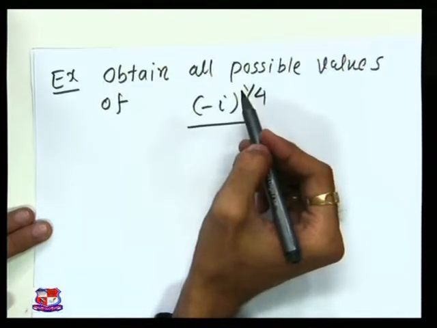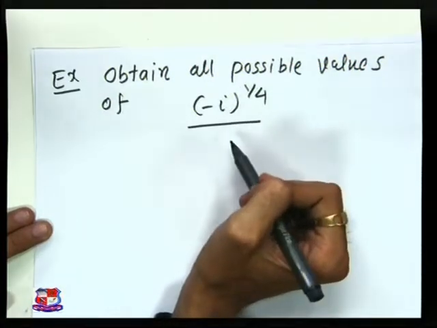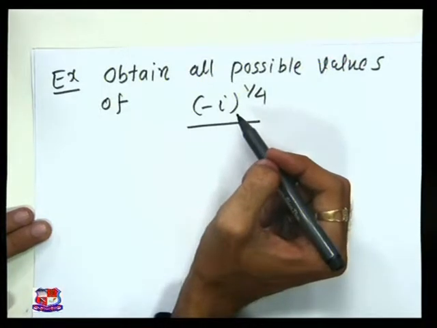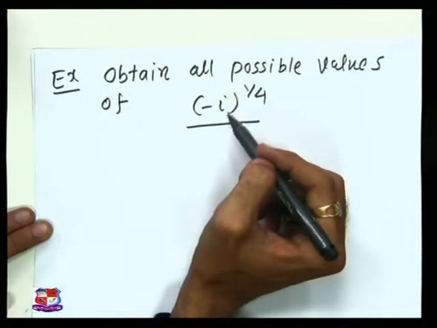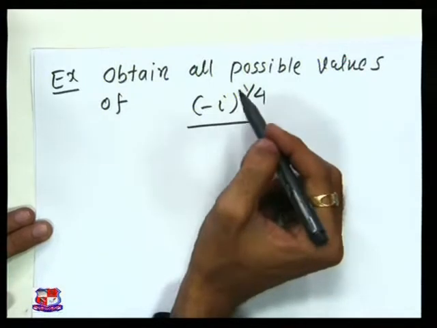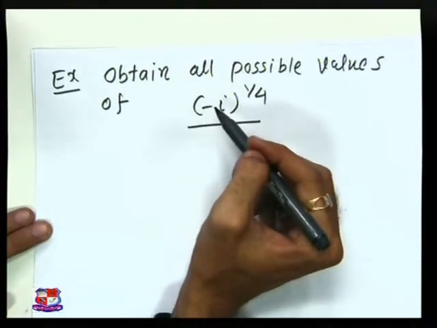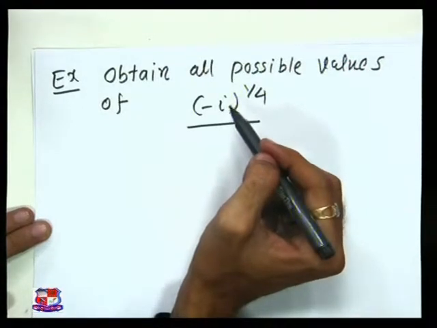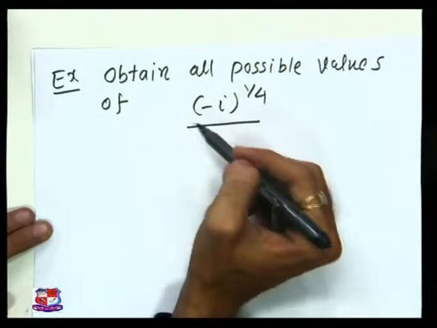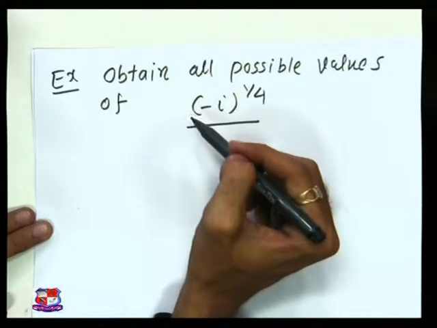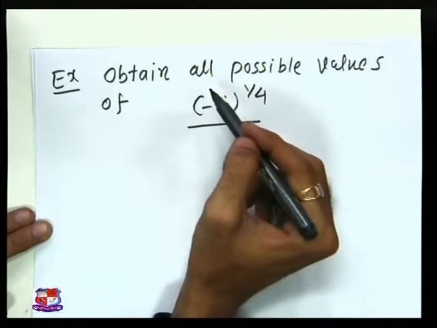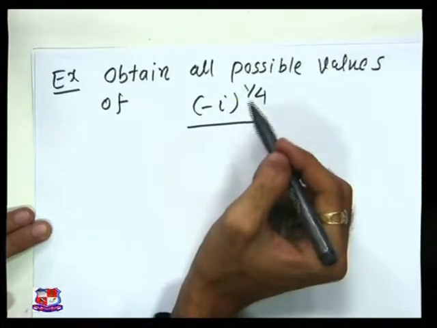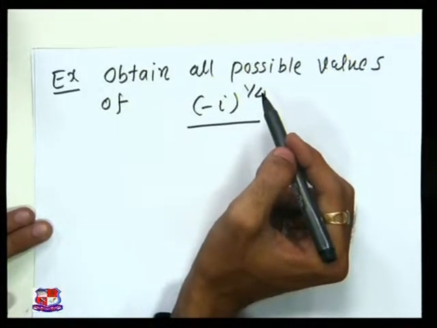So I want to find the fourth root of minus I. First, what is the idea of finding the values of this term? For that I need to convert this, 0 minus 1 into I, which is in the x plus iy form. But first I will convert this into the polar format, by which I will get the cos and sin format here, so that I can apply De Moivre's theorem.